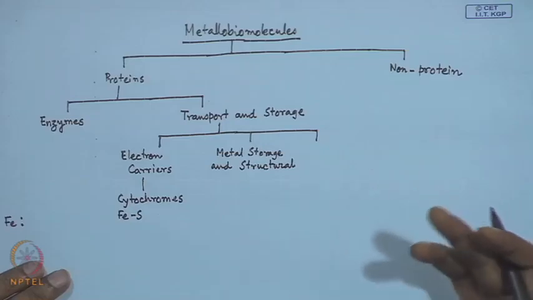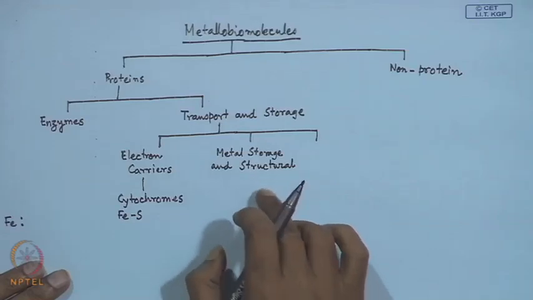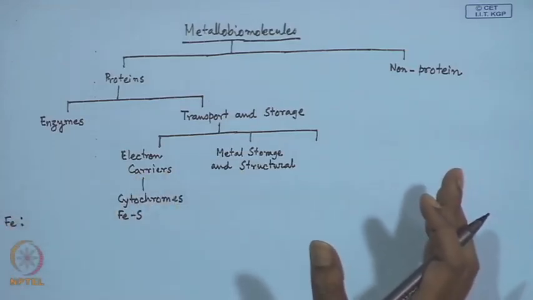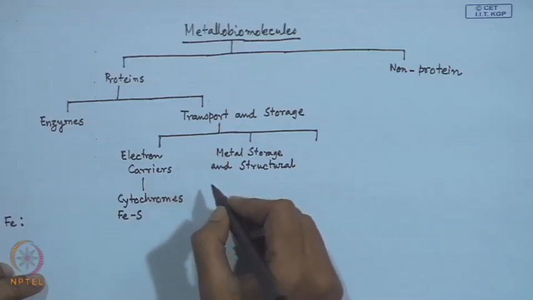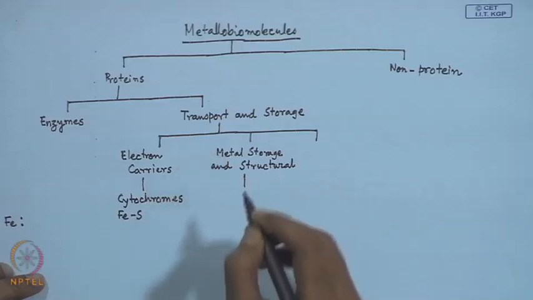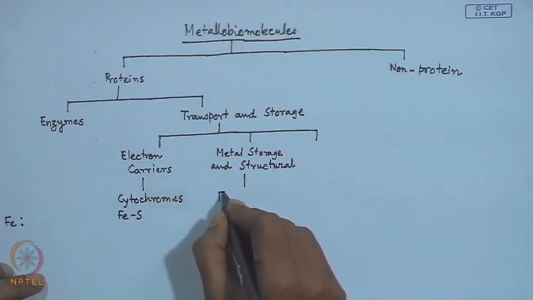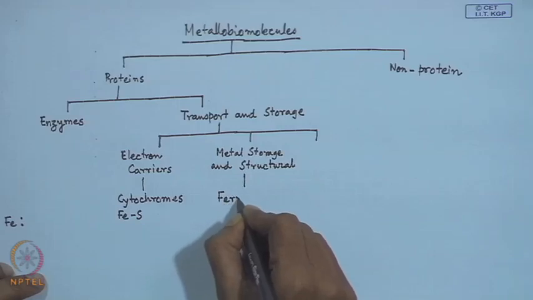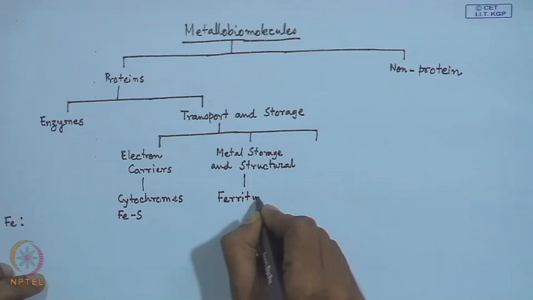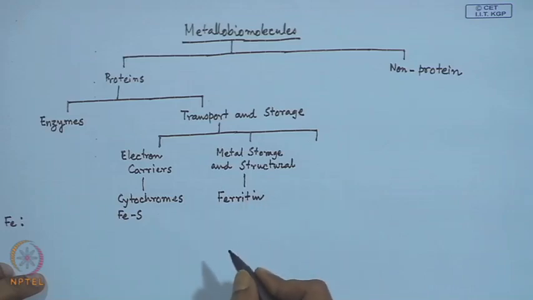So, you will have a storehouse of these metal ions, and this storing of metal ions can also be utilized for different structural patterns. So, under this category, we will consider two of these molecules. One is your ferritin.